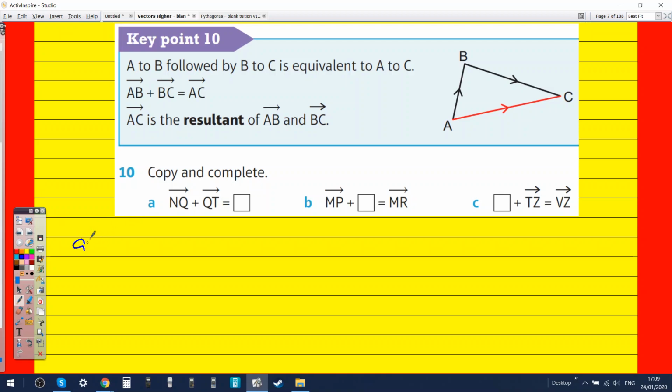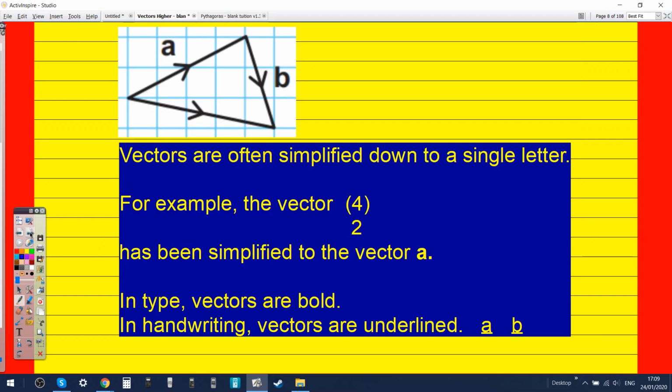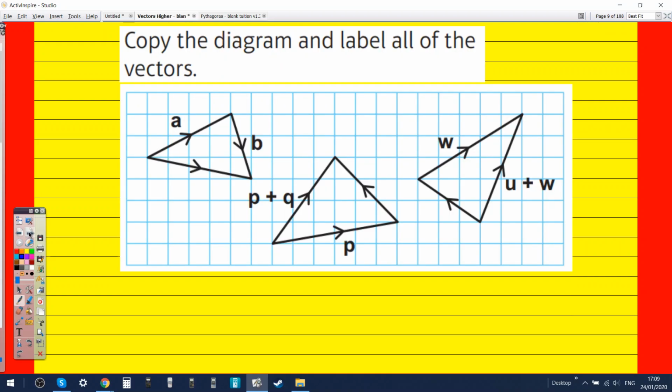How do we do question A here? AB. Is it NT? Yes. So it's just the same as going from N directly to T. And yes, they simplify vectors down.